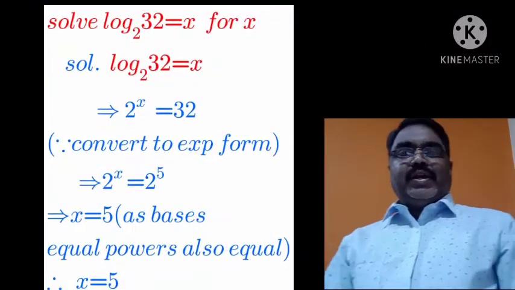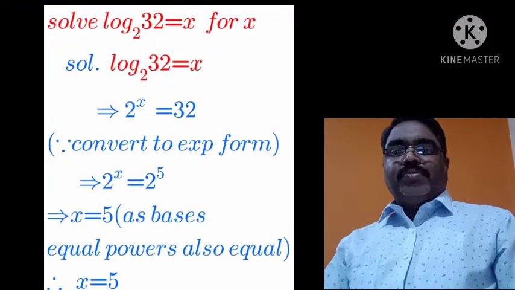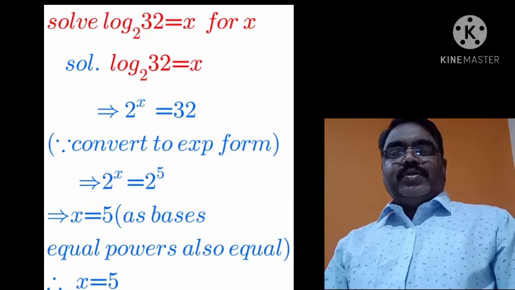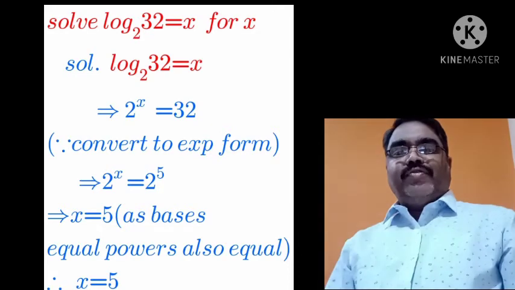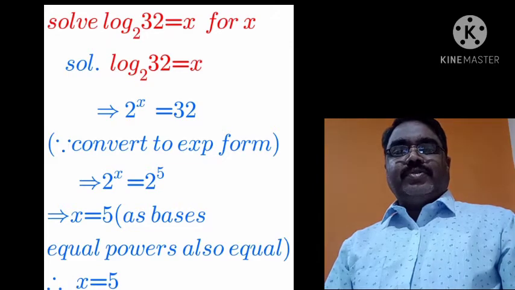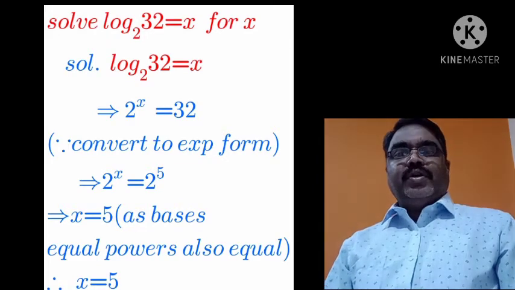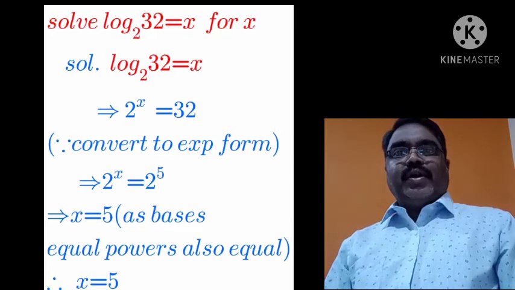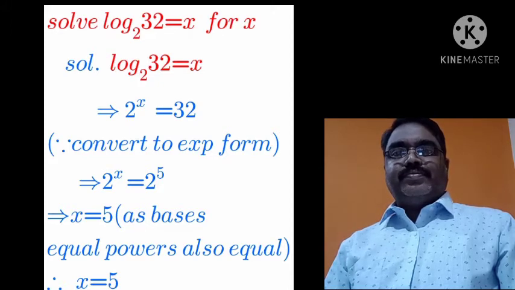Children, let us solve some logarithmic equations. Solve the given equation of logarithm for the x value. You are given that log 32 to the base 2 is equal to x, and you have to find the value of x.